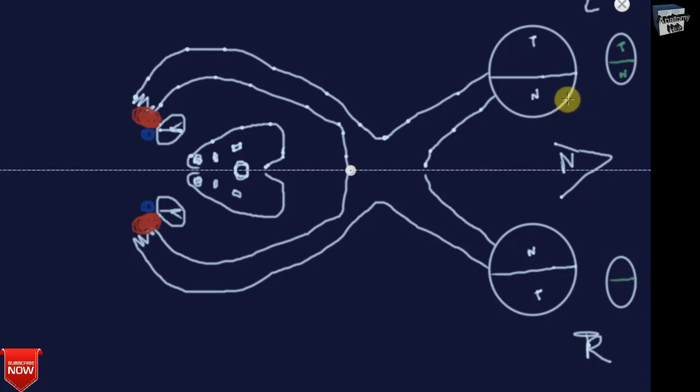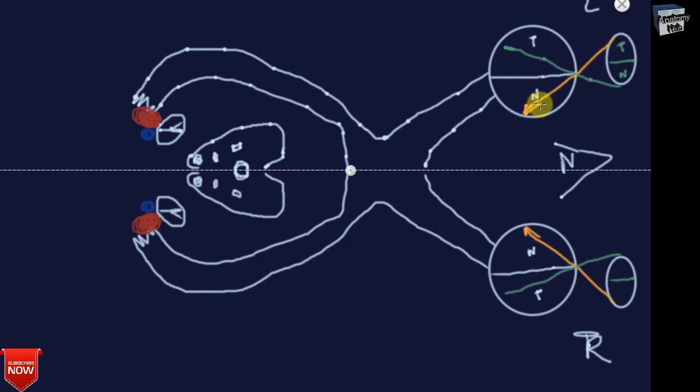What will happen over here is that the objects of the visual field from the nasal region will go towards the temporal region, and from the temporal field they will go towards the nasal area.